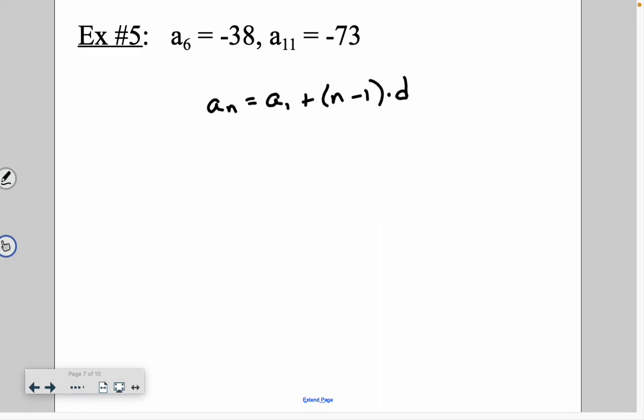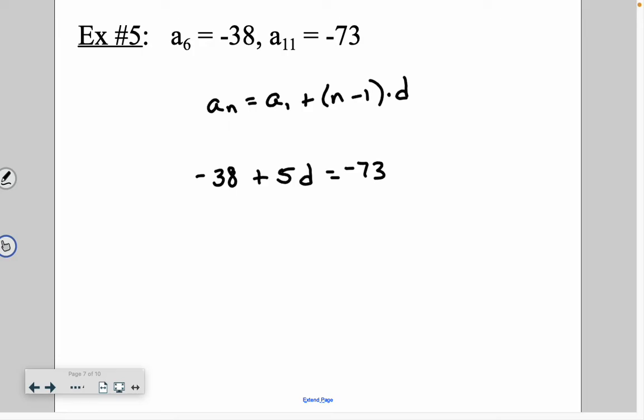So if this is the sixth term, think about it this way. I'll put this down here. So we've got negative 38. How many common differences would I have to add to get to negative 73? In order to get from the 6th to the 11th term, you're going to have to add 5 common differences. And if you do, you will end up at negative 73.